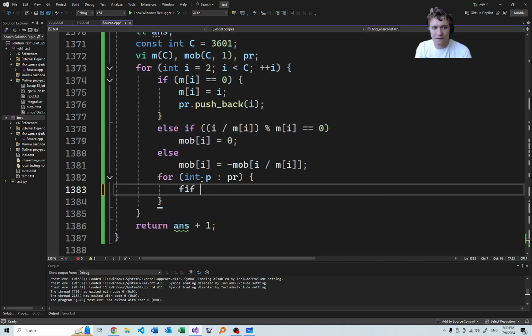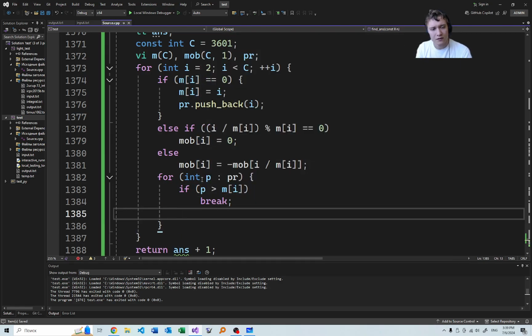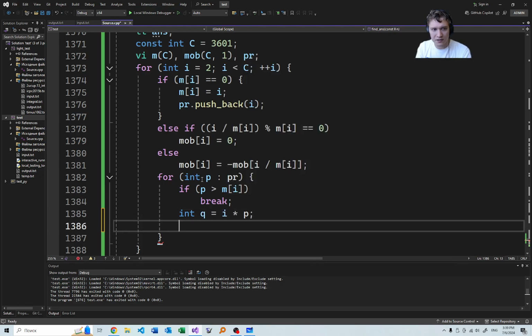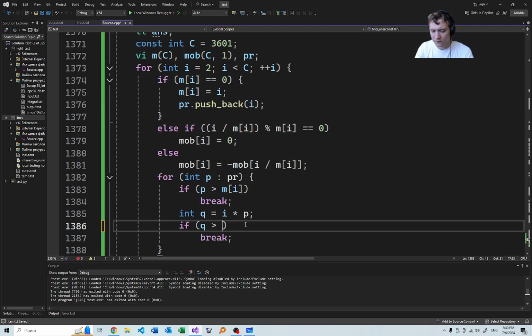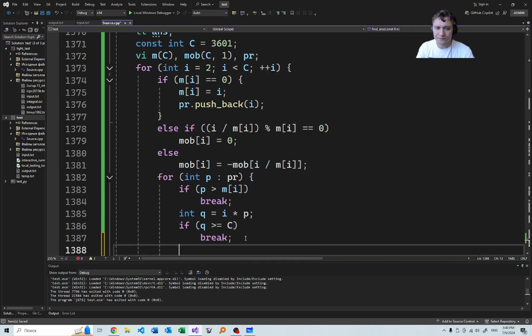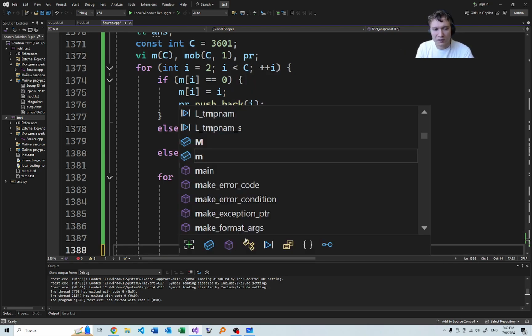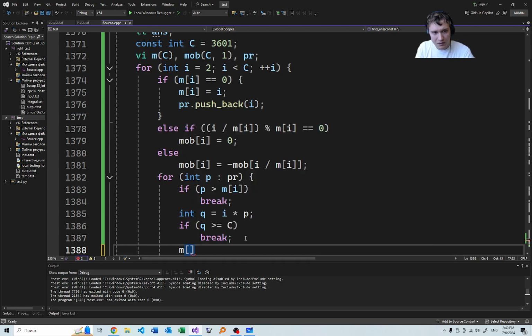So first of all, if P is greater than minimum prime of I, then break. So int Q is I times P, and if Q is at least C, then we also break. Otherwise, we say that minimum prime of Q is P.